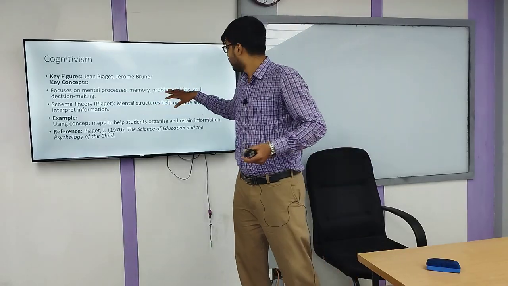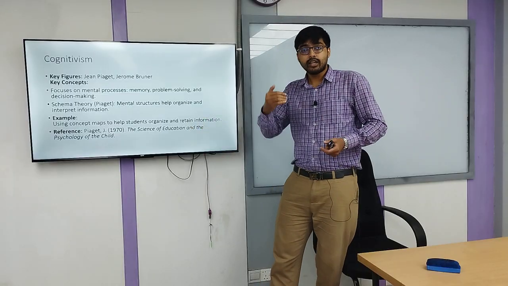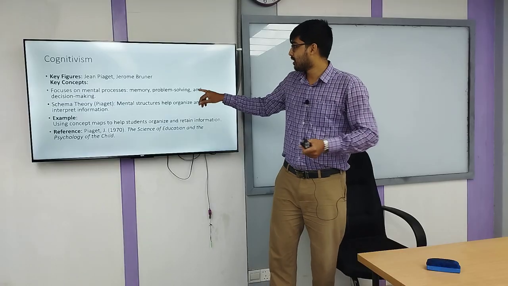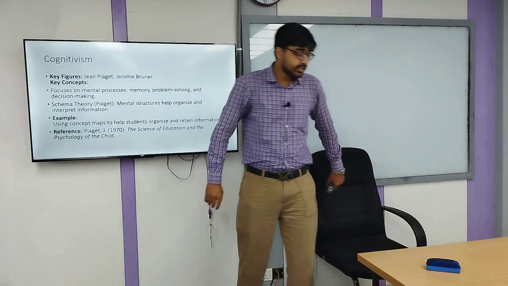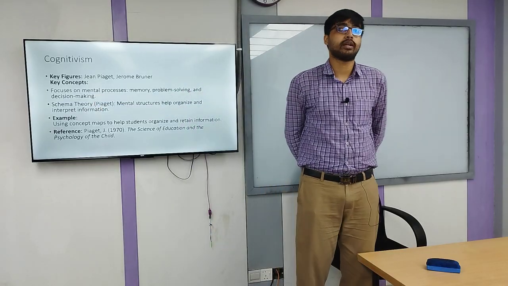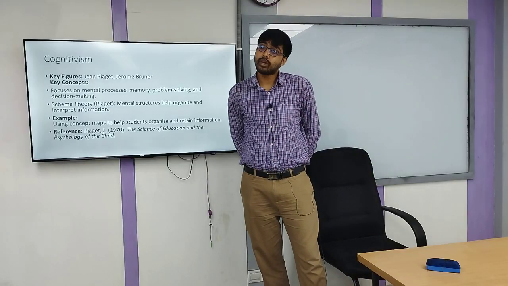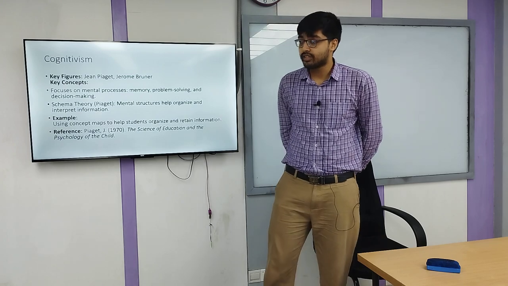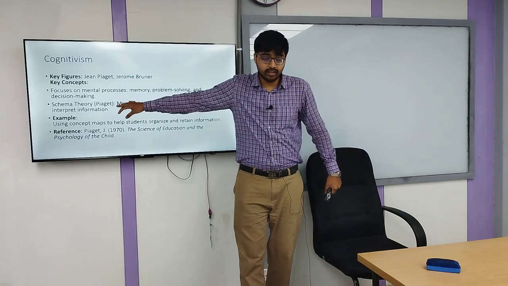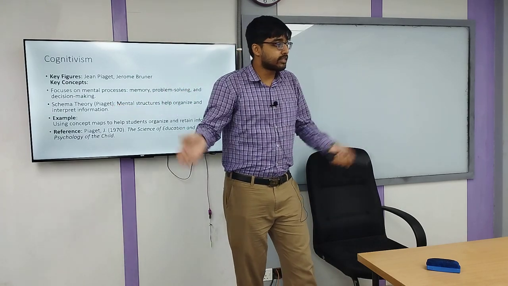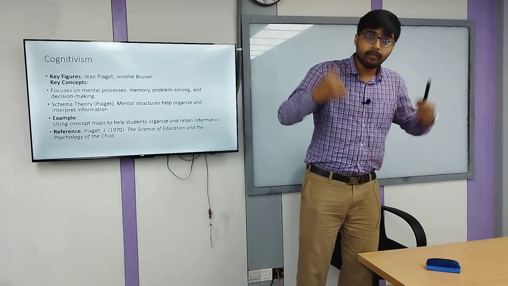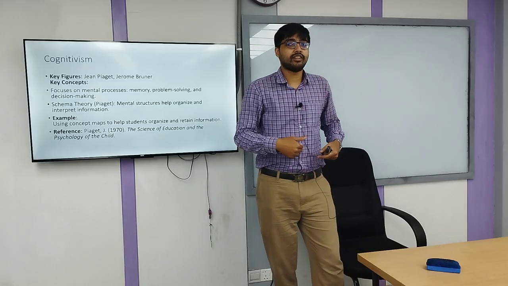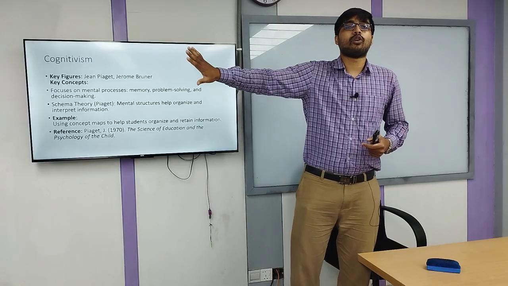Decision making: can anyone say how we learn through decision making? We make some mistakes, then we get some feedback, then we know this was right, this was wrong. So we understand the right one and delete the wrong one.